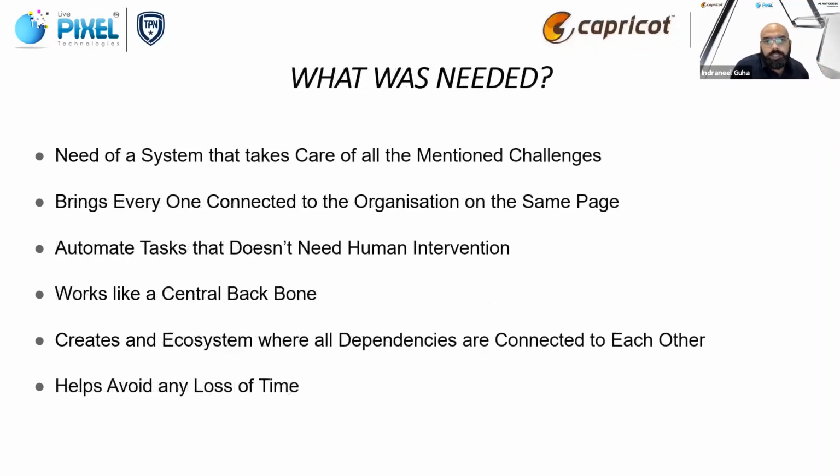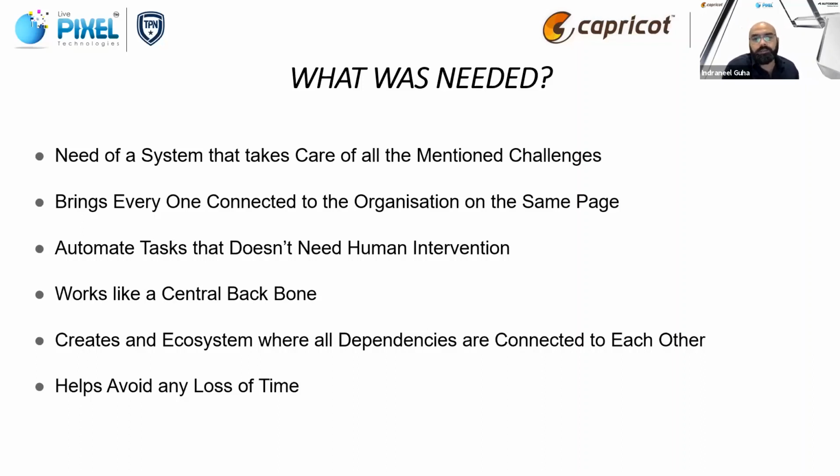And that's when we thought that we needed something strong that can take care of all the challenges that I just mentioned. Basically we needed something that could bring the whole organization to one platform that would update everyone simultaneously. There could be a level of automation in areas which don't require human intervention.